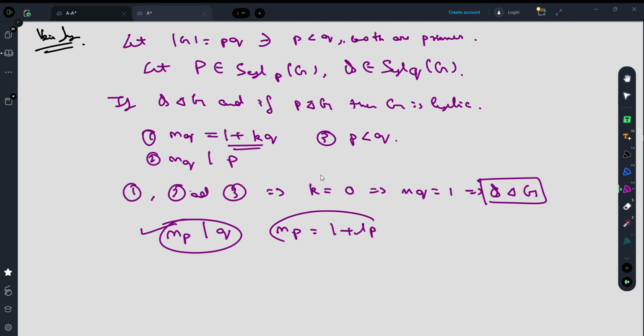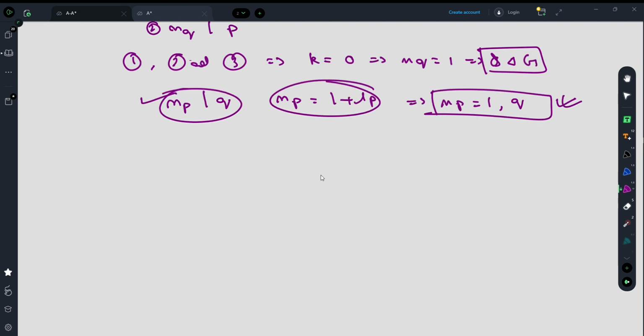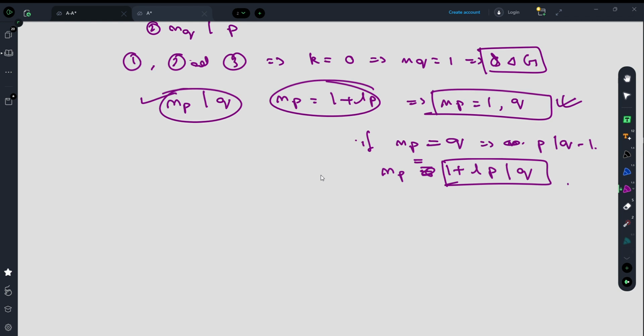What can we say about NP? NP must divide Q, and NP will have the form 1 plus LP. NP can surely be 1, and we need a factor of Q, so NP can either be 1 or Q. But for NP to be equal to Q, that would imply P divides Q minus 1, because NP is equal to 1 plus LP.